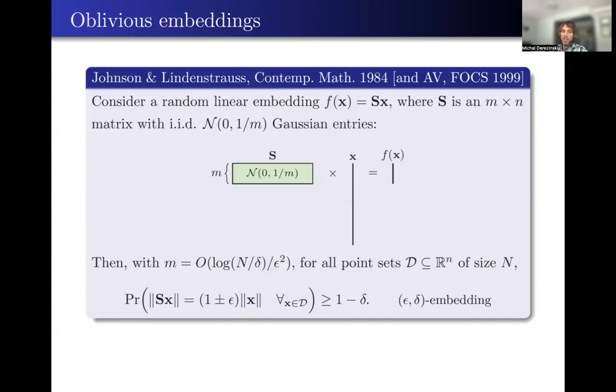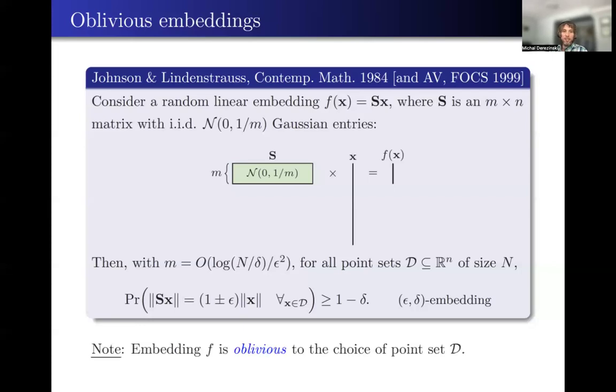And this is something we're going to call an epsilon delta embedding, meaning that the random embedding preserves the distances up to multiplicative 1 plus epsilon with probability 1 minus delta.